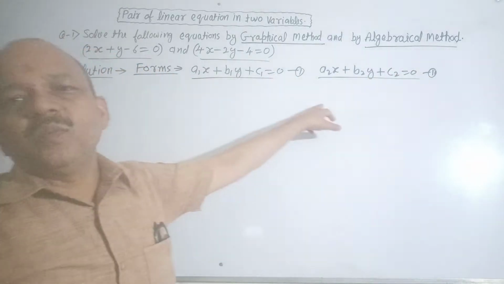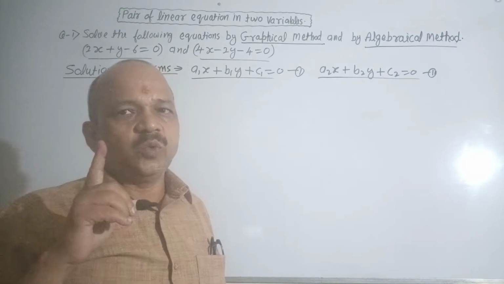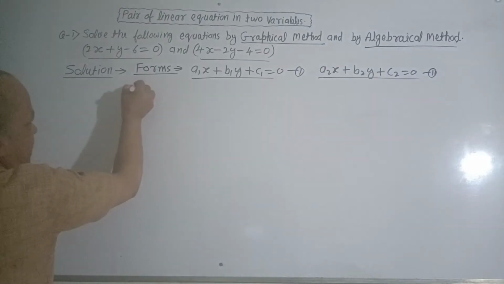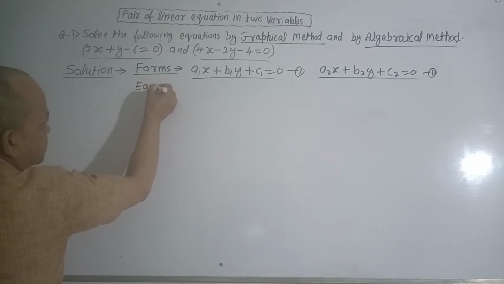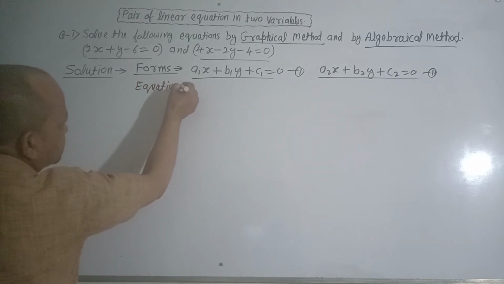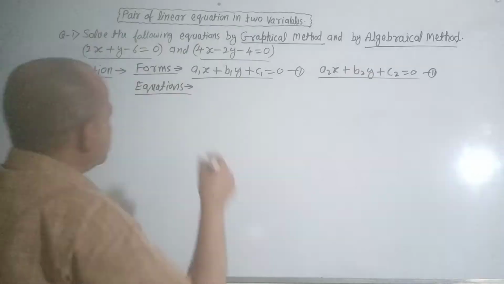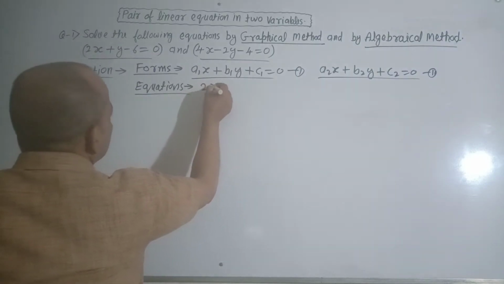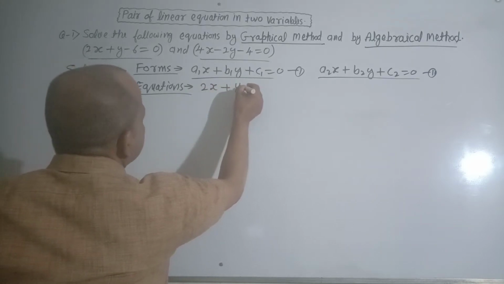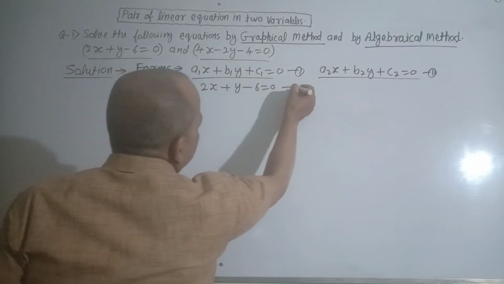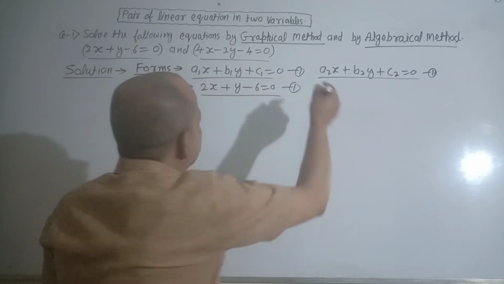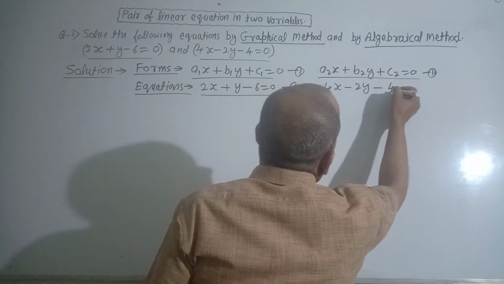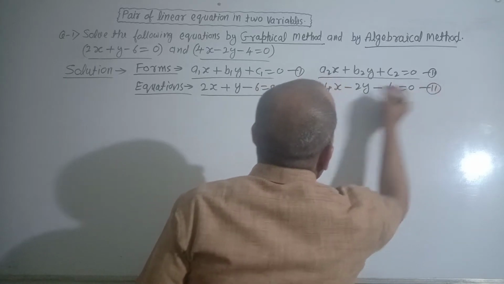It is the form of a pair of linear equations in two variables. For example, first equation, second equation. First equation is 2x plus y minus 6 equal to 0. Second equation is 4x minus 2y minus 4 equal to 0.